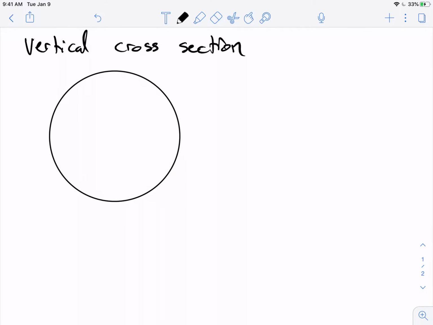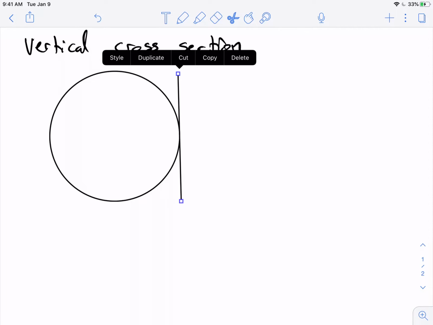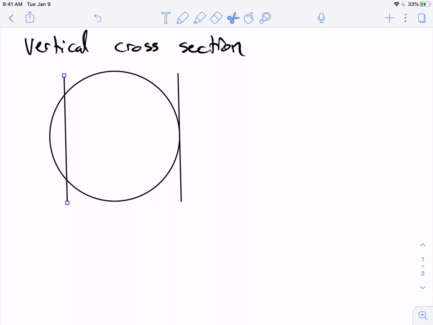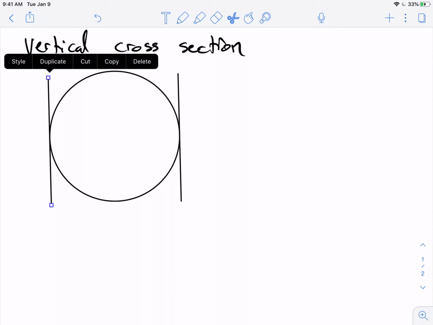My sphere looks like a circle, and my cylinder, when I cut it, just looks like two vertical lines.